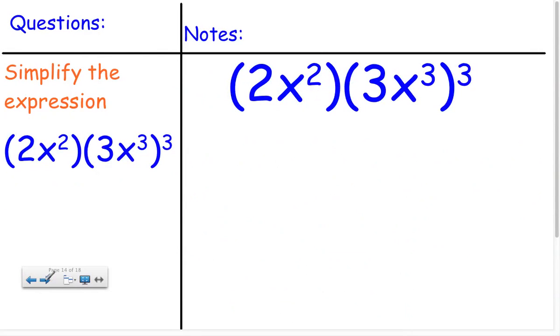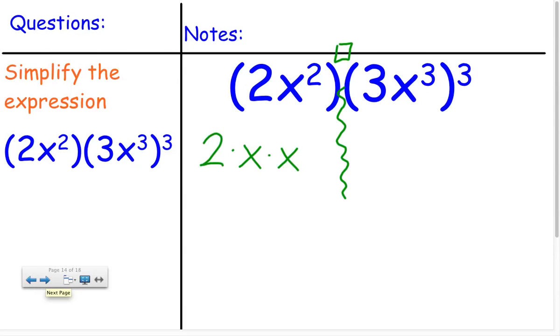All right, 2x squared times 3x cubed to the third power. Okay, so maybe I'll start here. Since I start with 2 parentheses, I'll put my squiggle right away. This one doesn't have an exponent right here, so I'm just going to write it out as 2 times x, because x squared would be written twice.